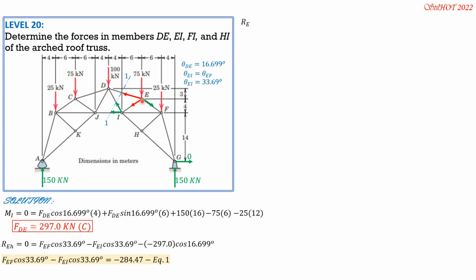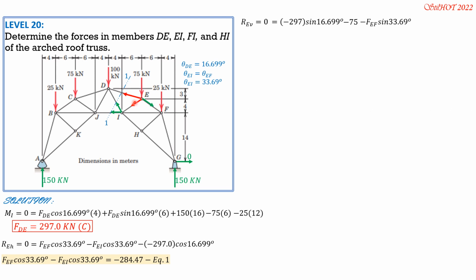Then RE vertical equals 0. The vertical component of resultant is 0. So this is upward FDE, so equals negative 297 sine of 16.699 degrees, the vertical component of FDE. Then minus 75, then minus FEF sine of 33.69 degrees.